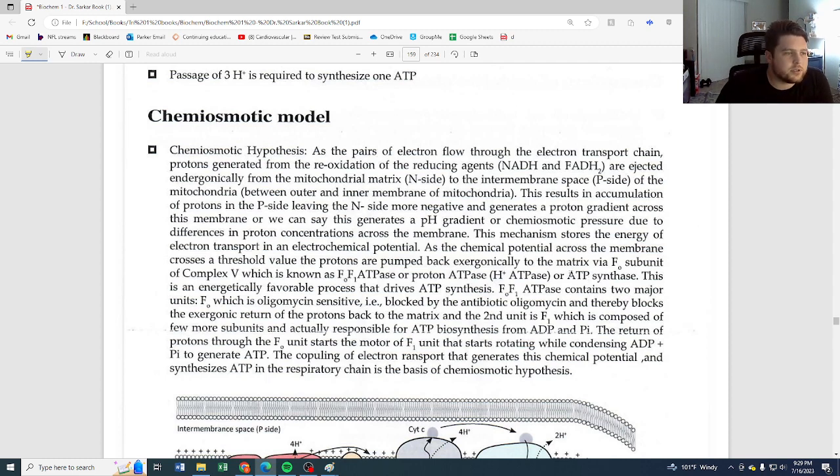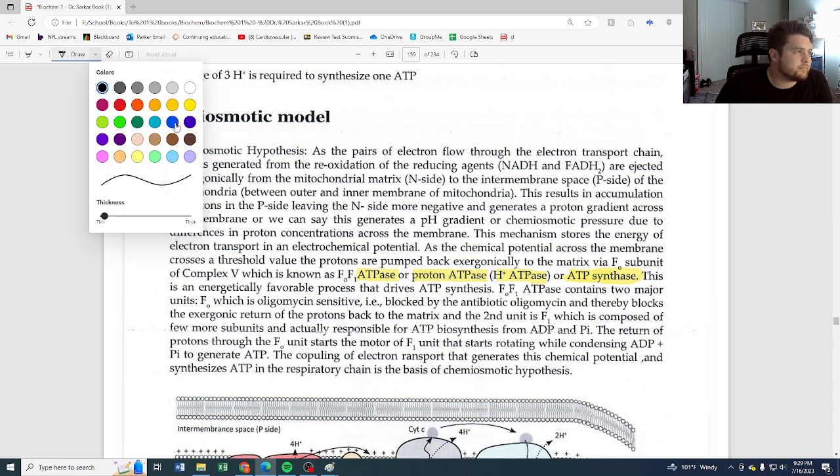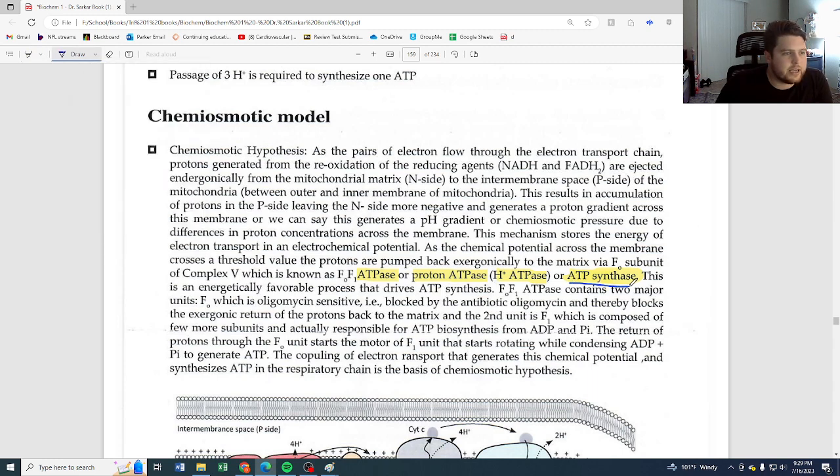Most often you will see it as ATP synthase. However, understand that all of these names are acceptable, but most commonly it will be referred to as ATP synthase. This is an energetically favorable process that drives ATP synthesis.